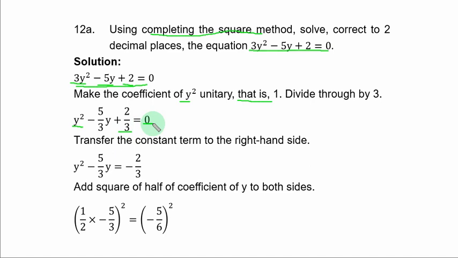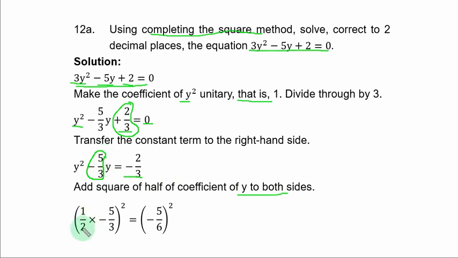The next step is that you transfer the constant term to the right hand side. This is the constant term, the term without the variable. If you transfer it to the right hand side, it becomes negative. Next step is to add the square of half of the coefficient of y to both sides. Here, the coefficient of y is minus 5 over 3.